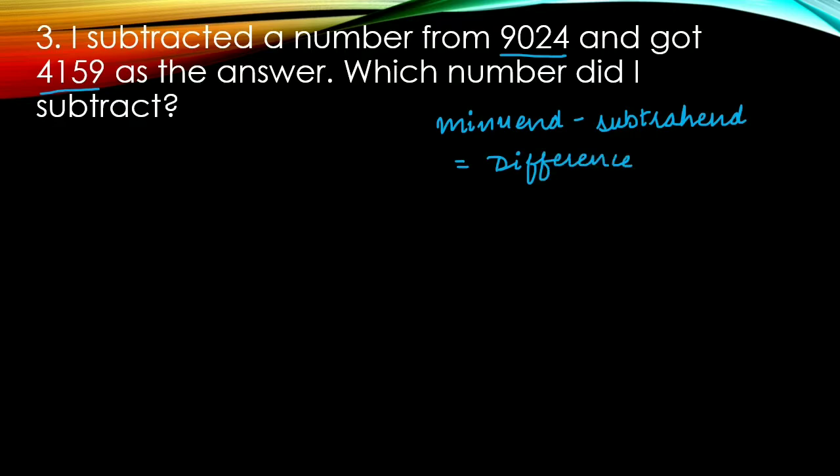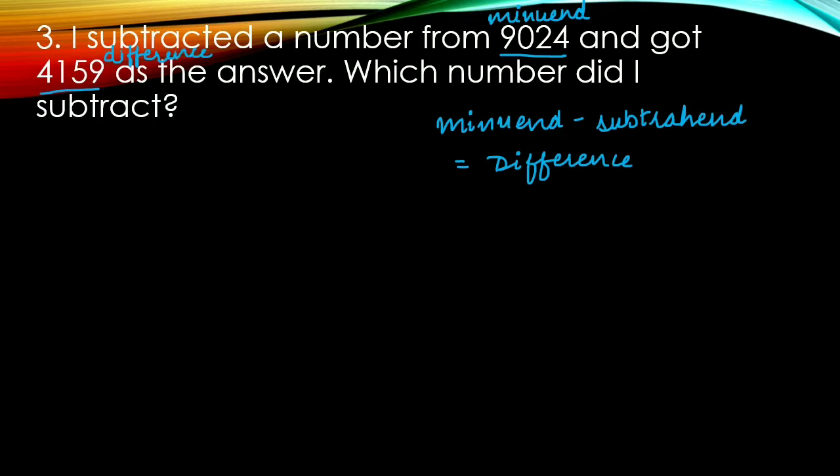So in this question, a number is subtracted from 9024. That means this 9024 is the minuend, and we got 4159 as the answer, so this 4159 is the difference.